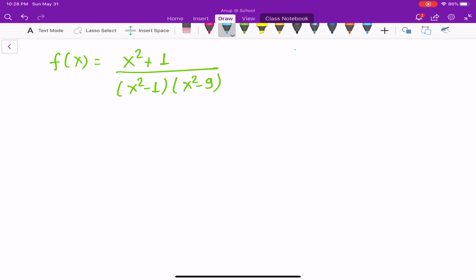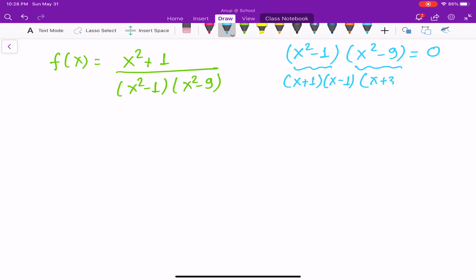We set x squared minus 1 times x squared minus 9 equal to 0 first, because we want to see where the denominator is 0. x squared minus 1 has factors x plus 1 times x minus 1. Similarly, x squared minus 9 has x plus 3 and x minus 3 as the linear factors.